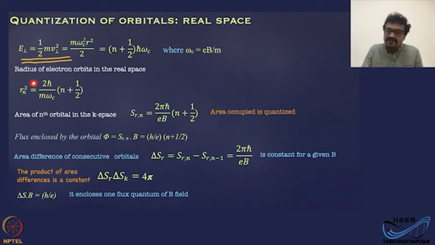From that we can extract the radius squared in real space, and the area of the orbital in real space. Rn represents the radius corresponding to the nth level, or nth orbital, in real space. It should be real space.